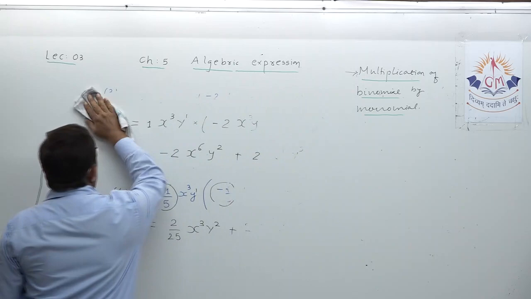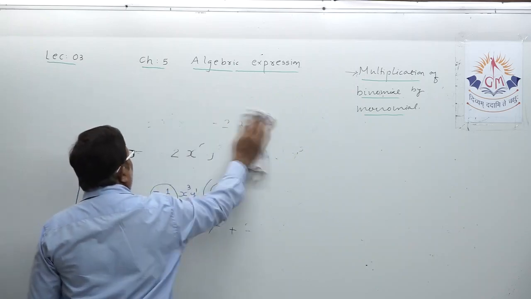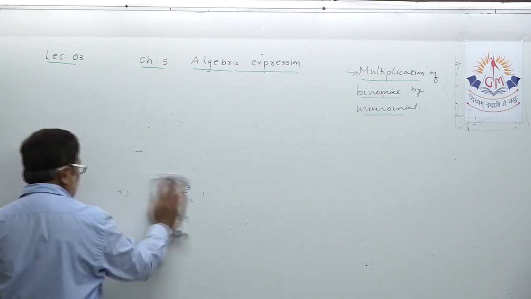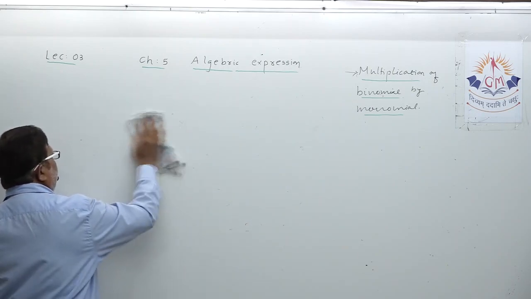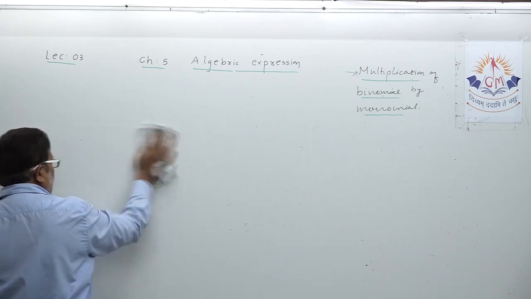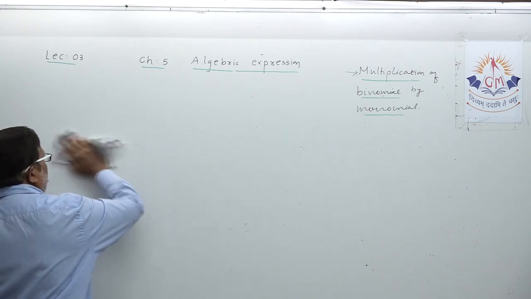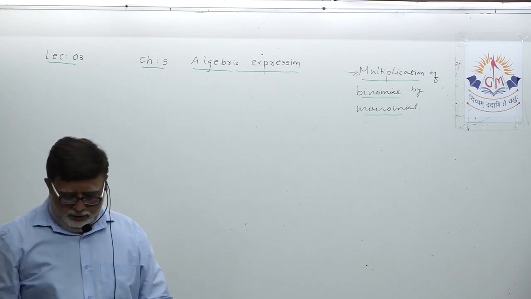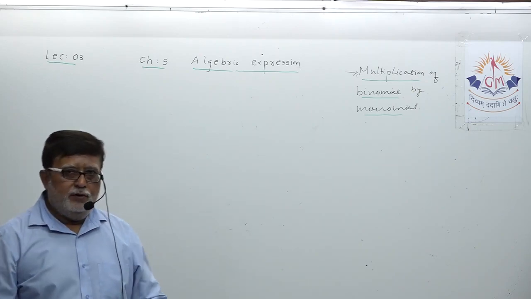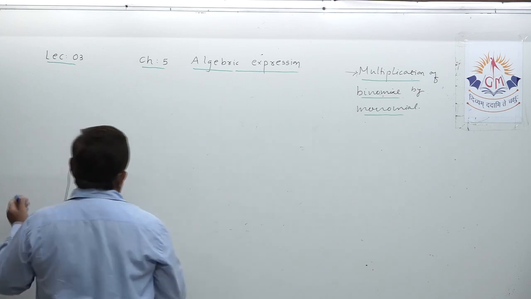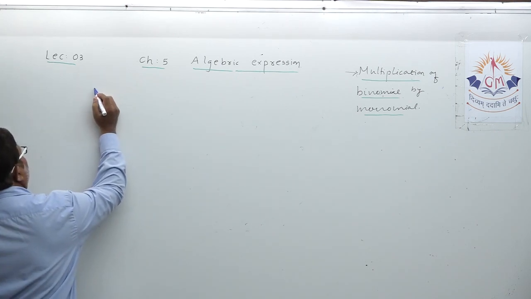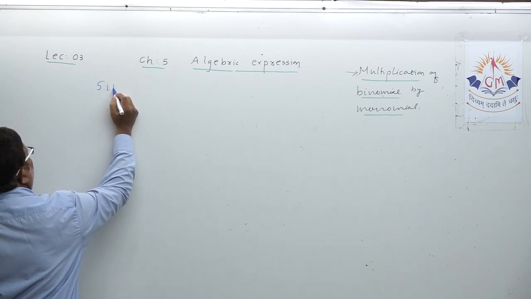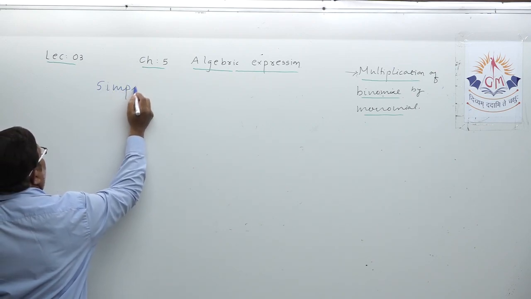Let us take. Now dear student, in the example which I write here, the instruction is not like multiply monomial and binomial, but the instruction is a little different. Okay, suppose the instruction is like this. If they give such an instruction, simplify.